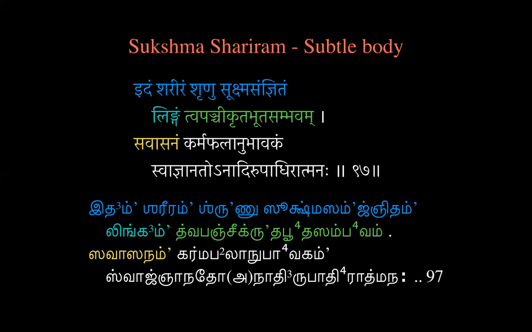We have anadi janmas, so we will have vasanas from all the janmas. We carry all the vasanas from all the janmas through our Sukshma Sharira. Our Sukshma Sharira is the link between this janma and the previous janma.